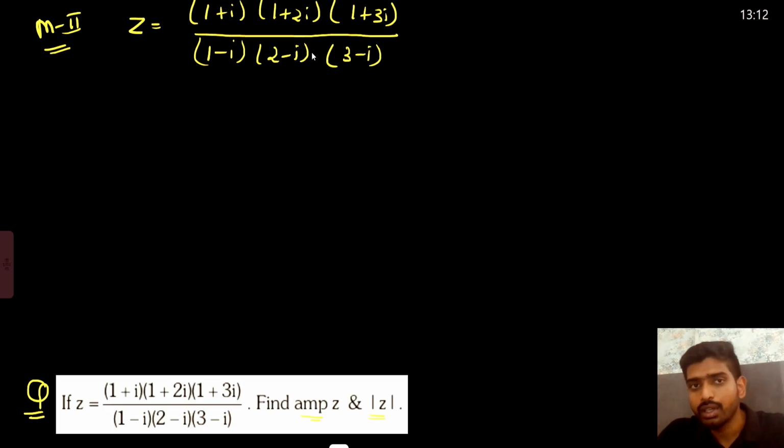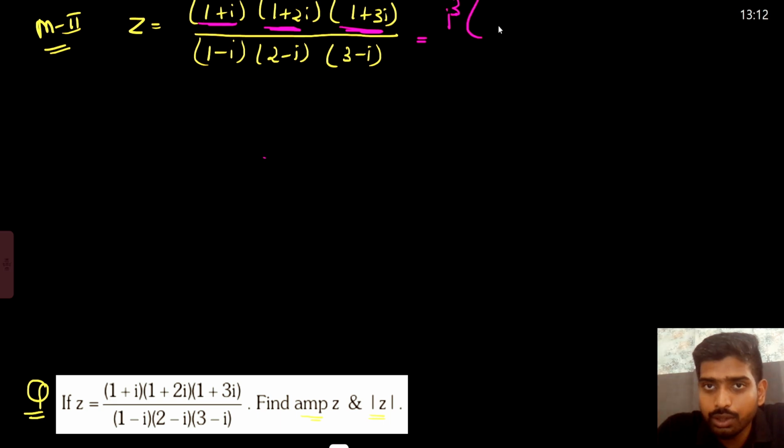So what I will do, from each and every term of the numerator, I am going to take iota common. From these three, if you take iota common, you will get iota cube. Now next, from this iota, if I take iota common, here 1 will be remaining, and this will be 1 by iota. 1 by iota is minus iota.